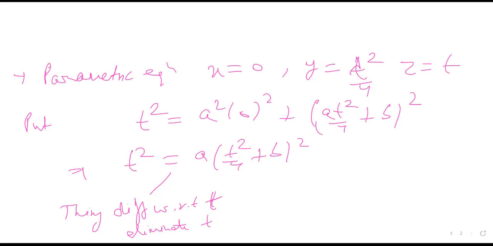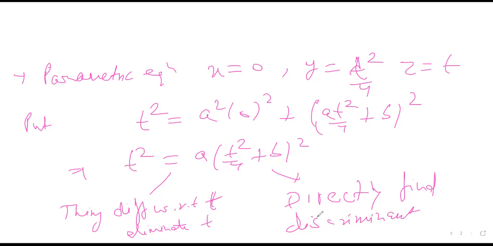So I can write this equation in quadratic form and directly find the discriminant. Both approaches are fine. If anyone is confused why this happens, they can study the singular solutions in the ODE section. So that is the approach of finding the singular solution.